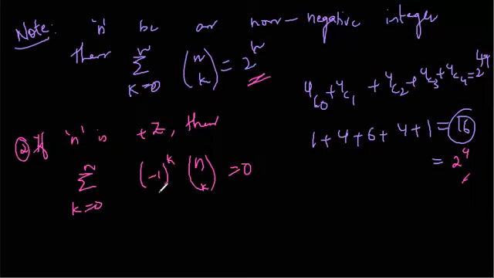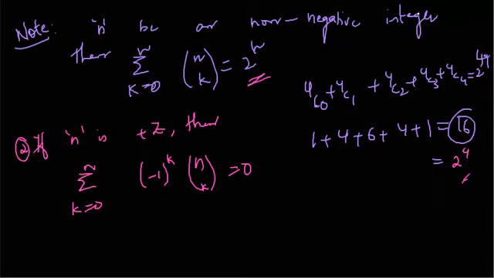So basically what I am saying is, if instead of writing 4C0 plus 4C1, alternatively I get a negative sign, that is for odd powers I will get a negative sign for the coefficients, then it will be equal to 0 because 1 and minus 1 will get cancelled. Similarly, in this way, the sum of (minus 1) power k nCk will be equal to 0 if n is a positive integer.